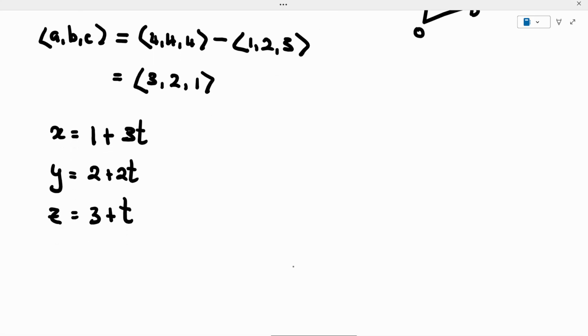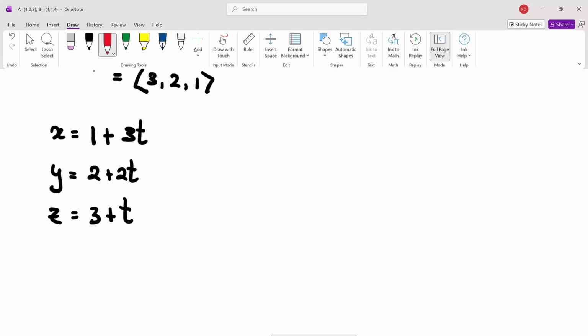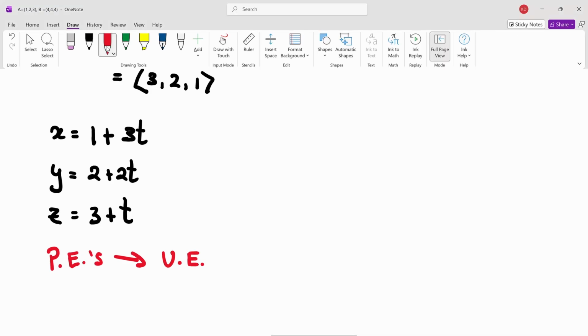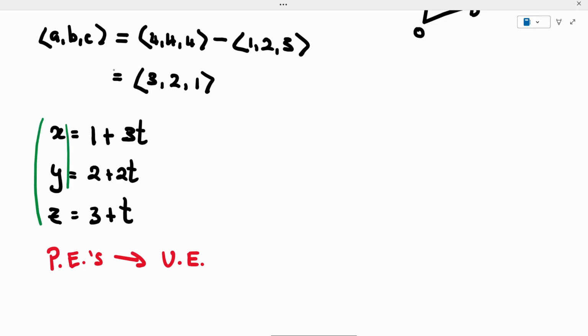And what we said at the end of the class is we could go from parametric equations to something called the vector equation, the generalized vector equation, right? And the way we did that is we had to look at grouping these columns, and trying to write it as a column vector.